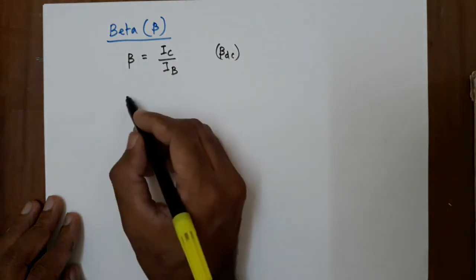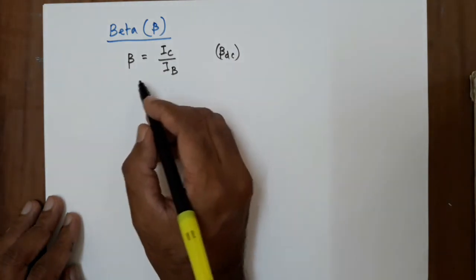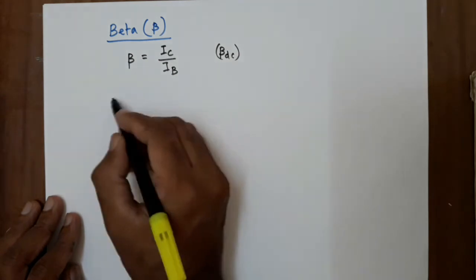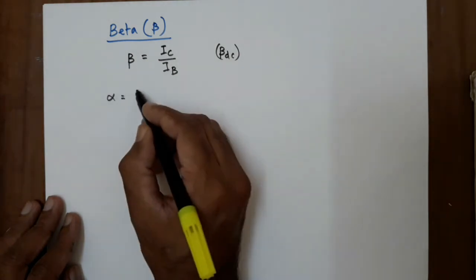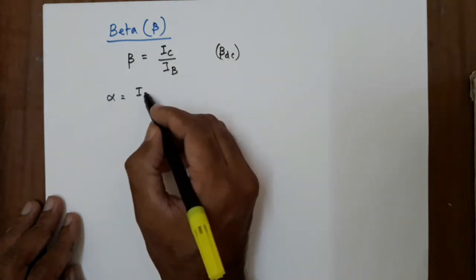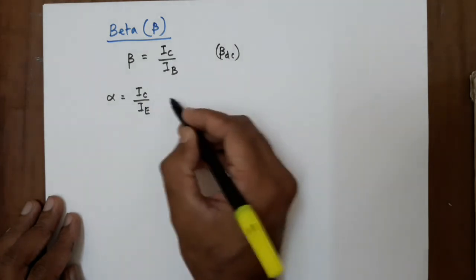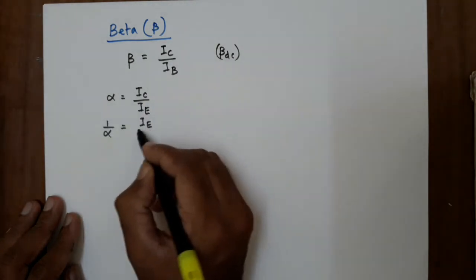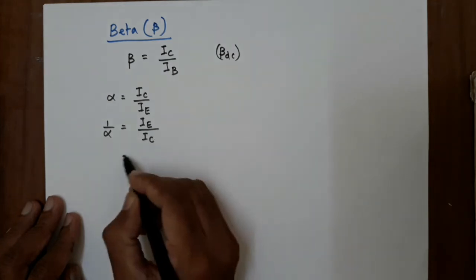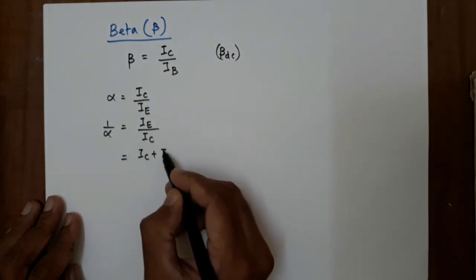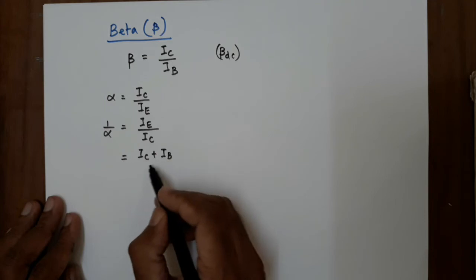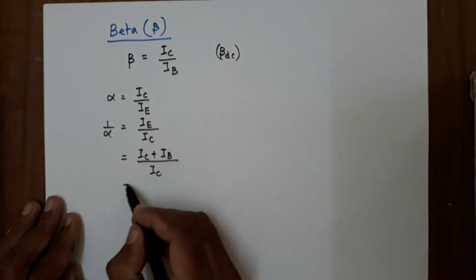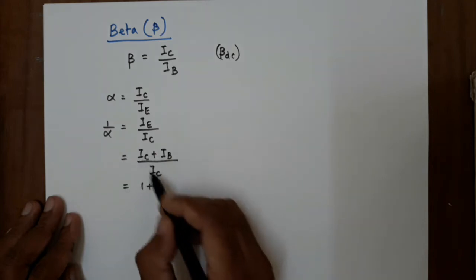So we can deduce a relationship between beta and alpha. You know alpha is IC divided by IE. So what is 1 by alpha? 1 by alpha is IE by IC, and IE is nothing but IC plus IB, that we have seen in the previous class. So this is 1 plus IB by IC, since IC by IC is 1.